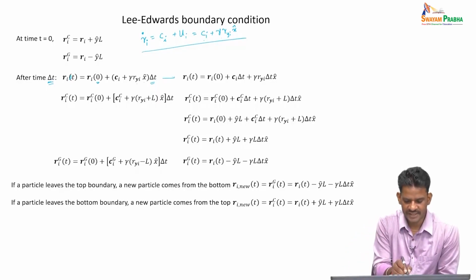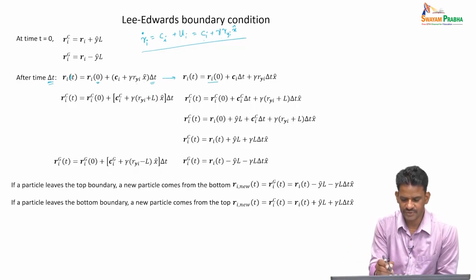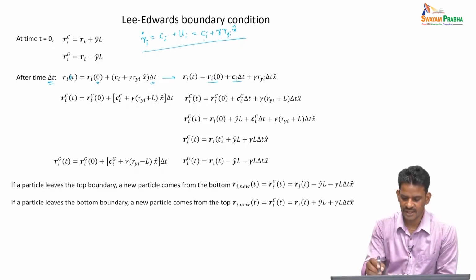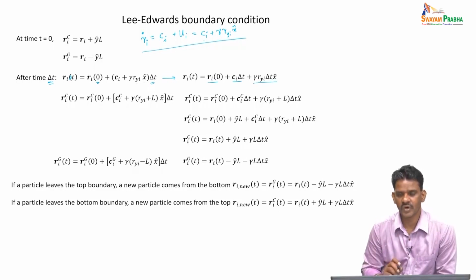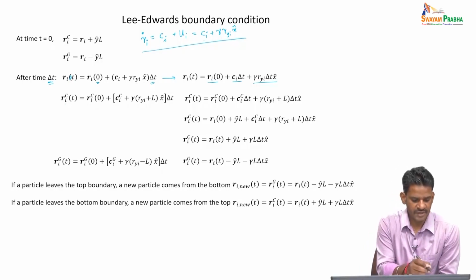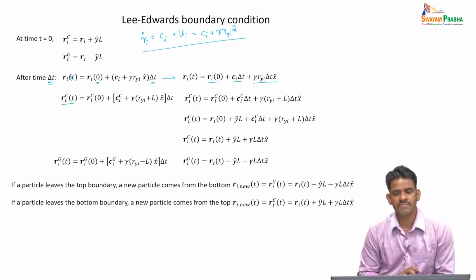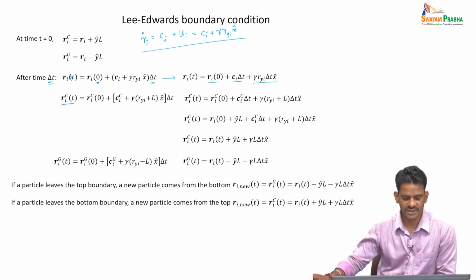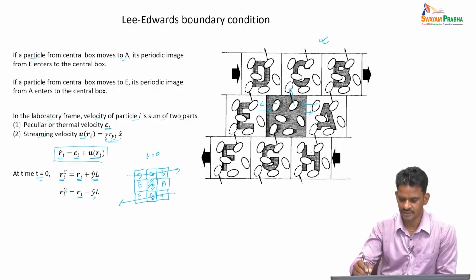Then we basically expand this. So, this is the initial position, this is Ci times delta t, the displacement because of the thermal or the peculiar velocity, and this is the displacement because of the streaming velocity. And now we can do the same thing for the image of the particle i in the simulation box C, which is at the top layer, that is here.